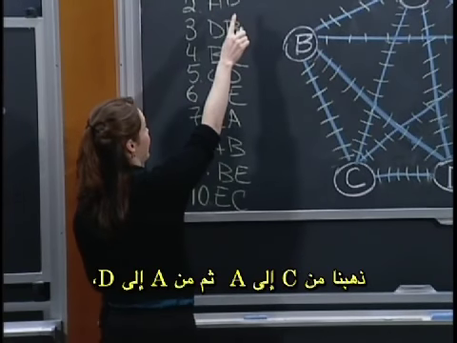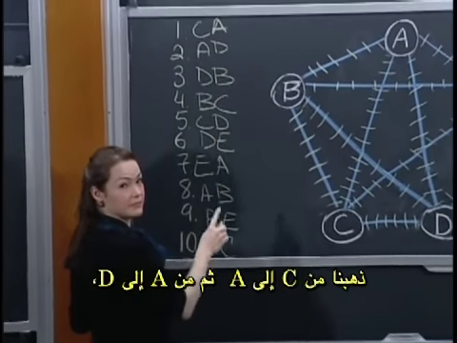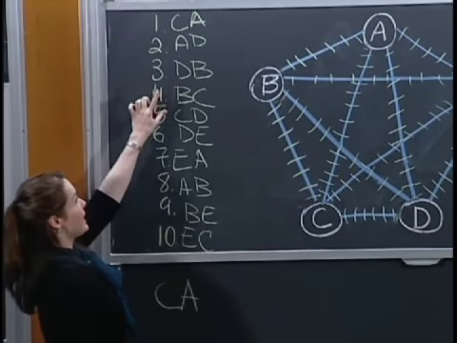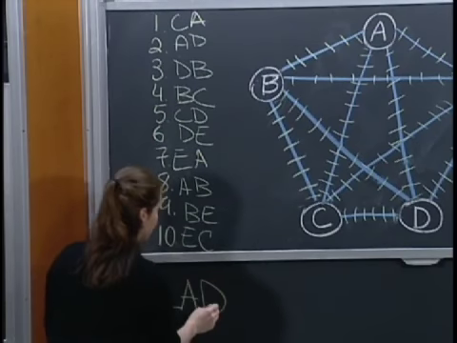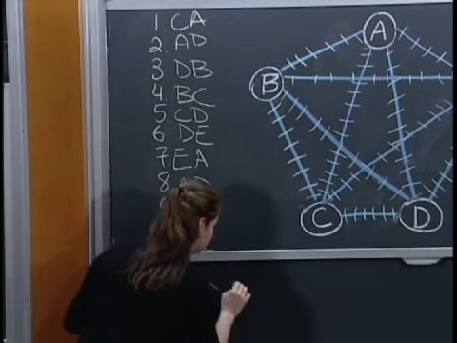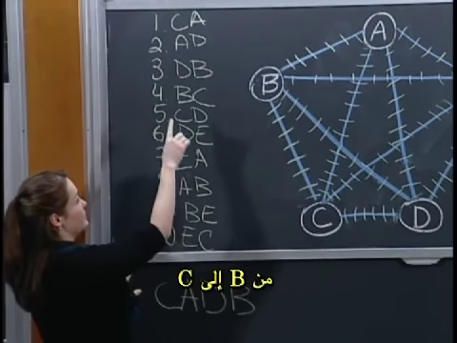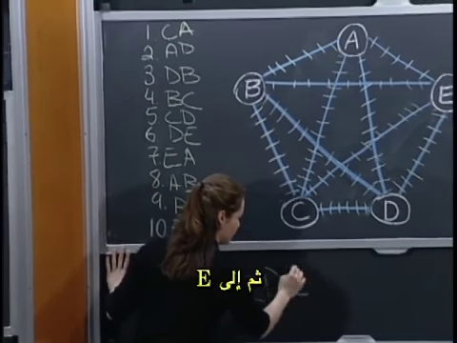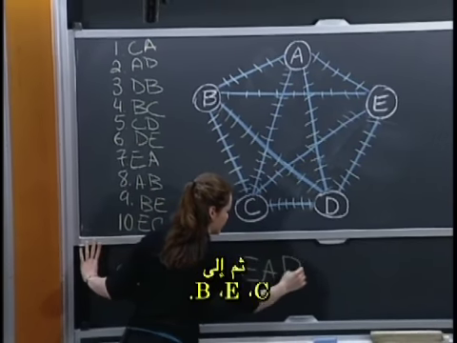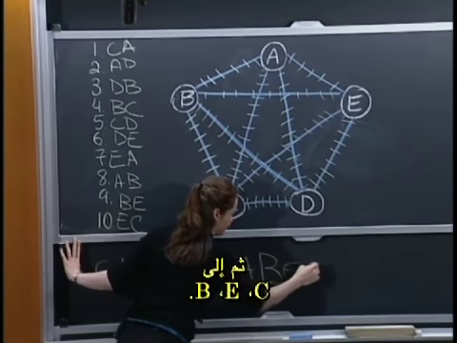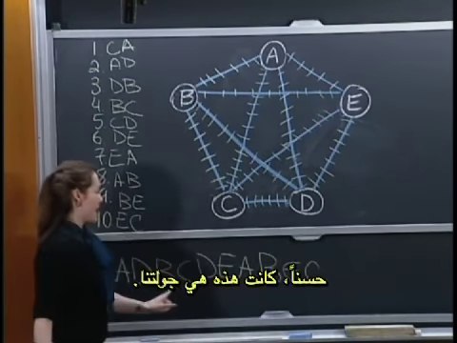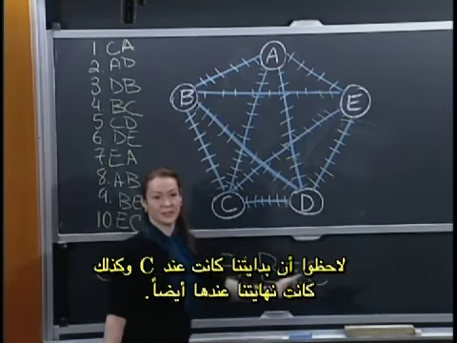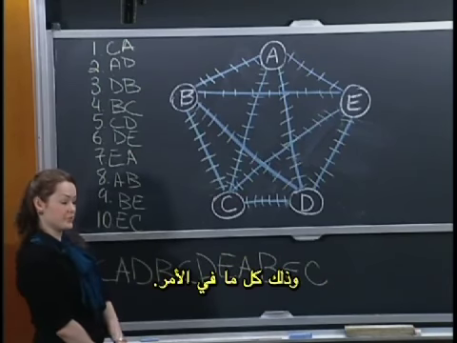We went from C to A, then A to D, D to B. From B we went to C, then to D, then to E, then to A, then B, E, and C. So that is our tour. And notice we started at C and we ended at C. And that's pretty much it.